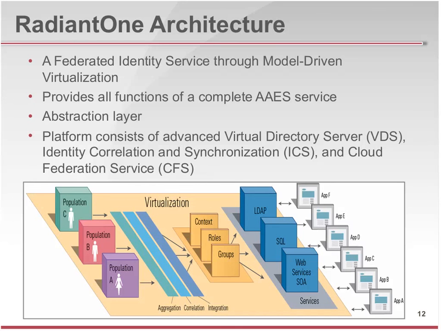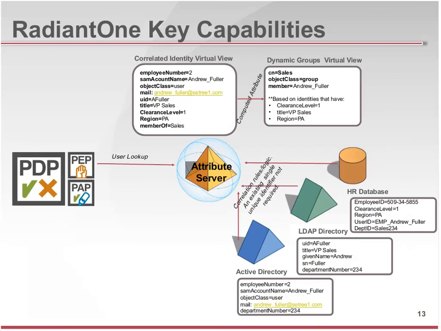So if we take a look at the next slide, I'm going to show you just a simple, tangible example of how this can be done. In this case, we're looking at a policy decision or policy enforcement point, as well as a policy administration point as a consumer. We have the Radiant One VDS as the attribute server.